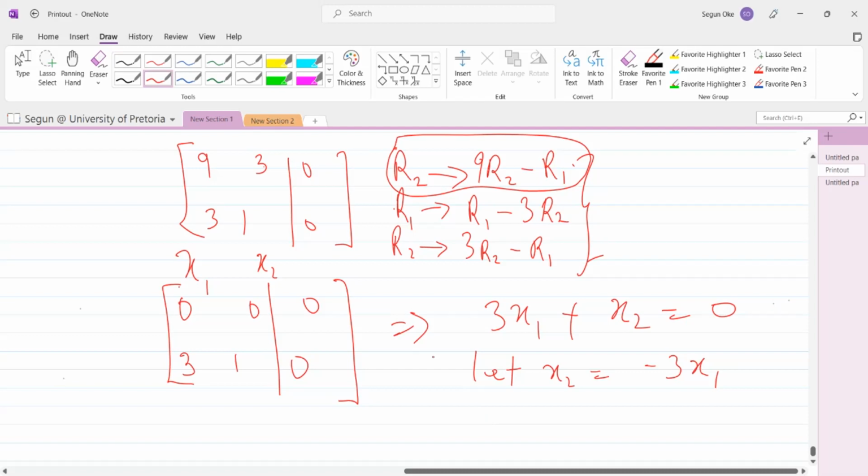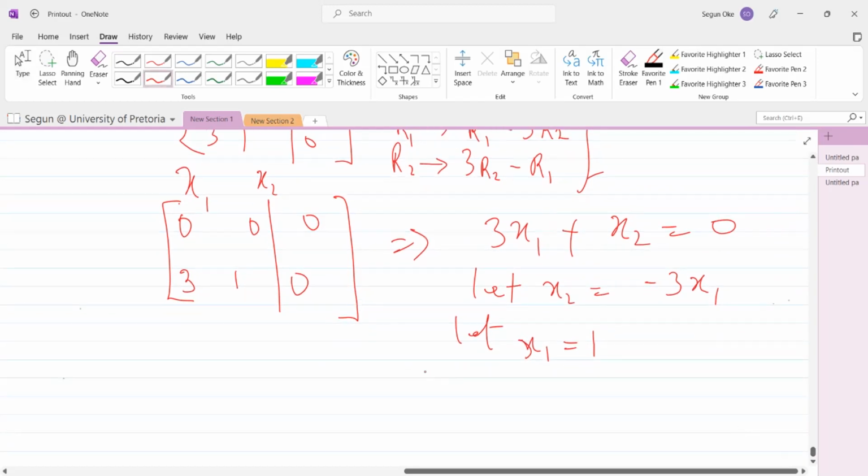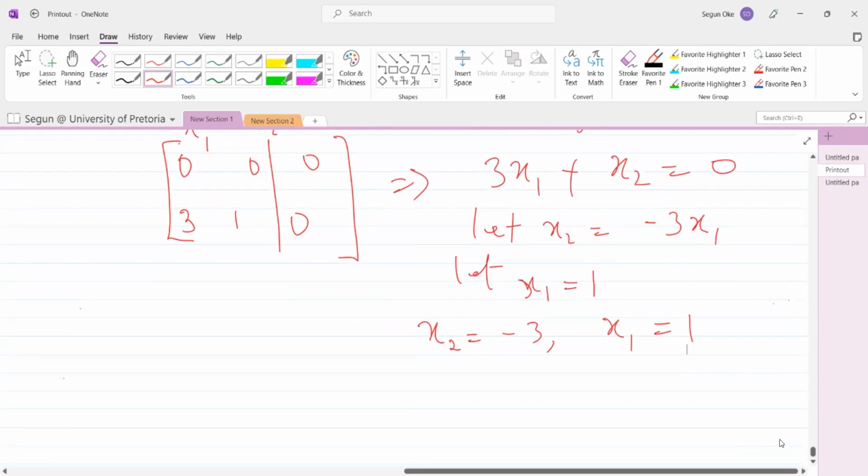Now let my x1 equal 1. If I put x1 equal to 1, then S2 equals minus 3, and S1 equals 1. How many of us got it?